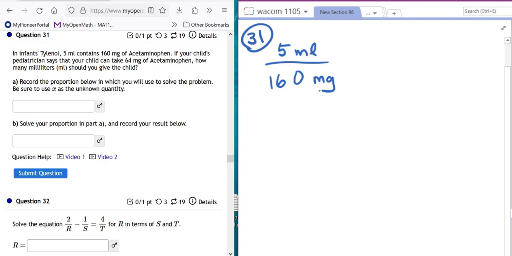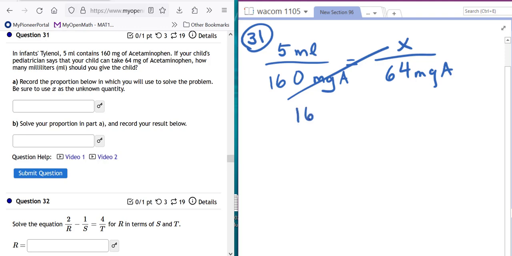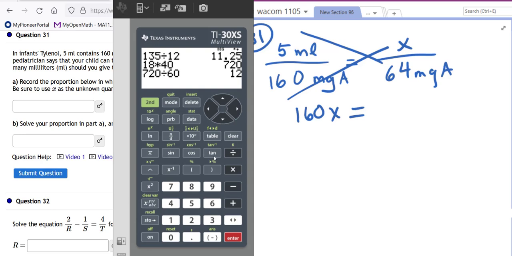Your pediatrician says that your child can take 64 grams of acetaminophen, right? So that should be down here. And this was acetaminophen, right? And so you want to know how many milliliters should the child take. All right. And so you multiply across, you have 160x equals 5 times 64.